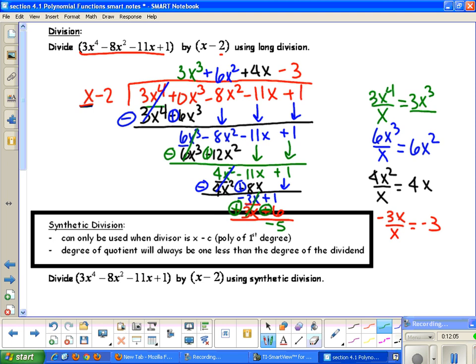Now, because the degree of negative 5 is lower than our divisor, which is x minus 2, I know I can stop, and this becomes my remainder. So I have a remainder of negative 5.